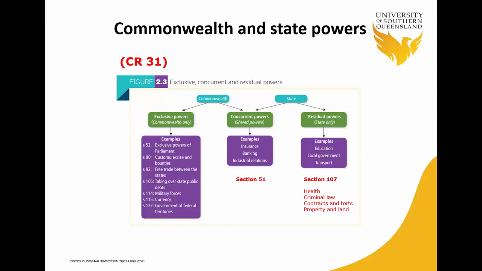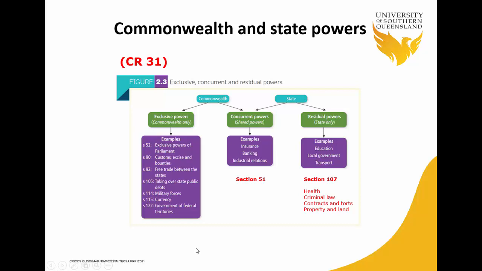But our design has 40 heads of concurrent powers between the Commonwealth and the states, and that's an innovation of its time back in 1900 and 1901. And it provided this flexibility or agility of the federal system in Australia, where these powers could be transferred between the Commonwealth and the states.